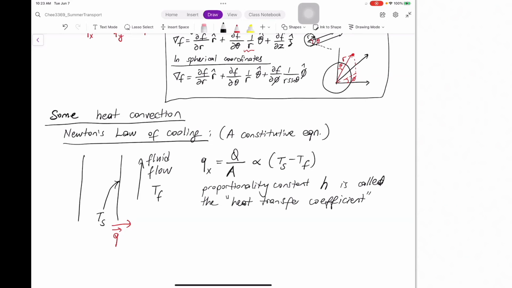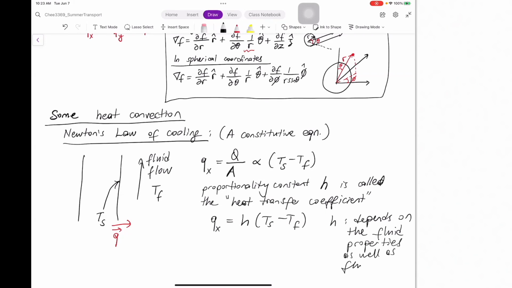Okay, and you write it as Qx is equal to h times Ts minus Tf, and h depends on the fluid properties as well as fluid velocity.